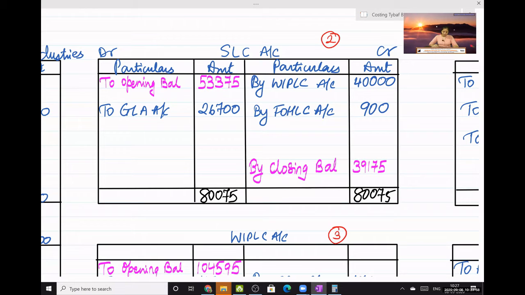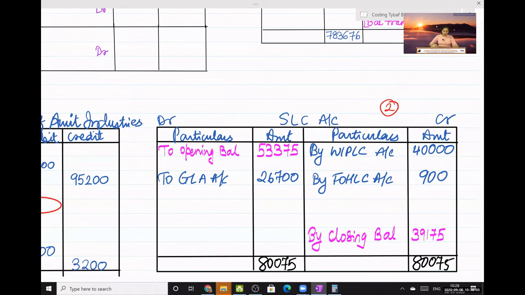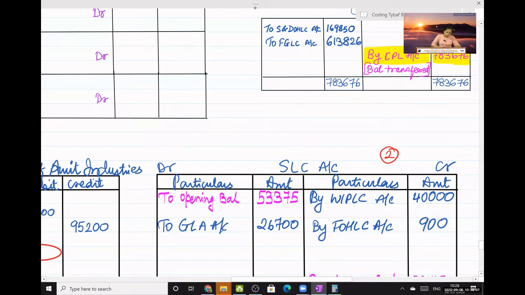So the first thing you're going to do is transfer your opening balances. Let me do that.